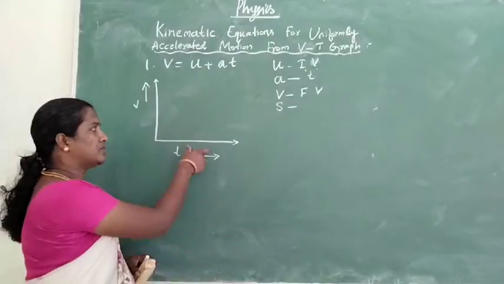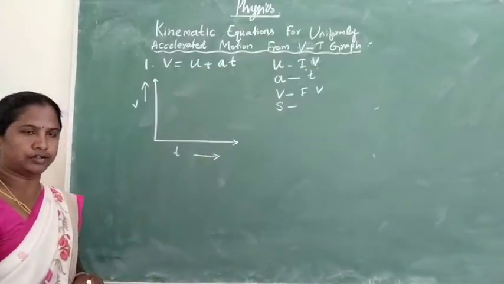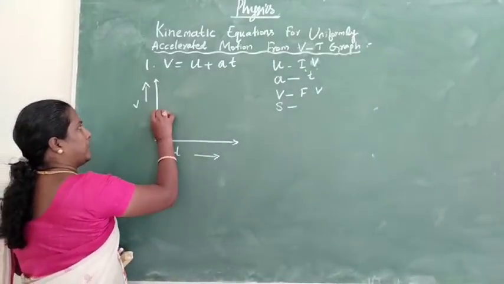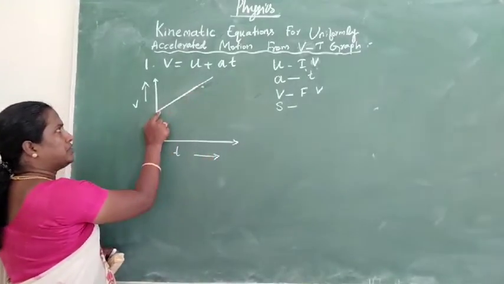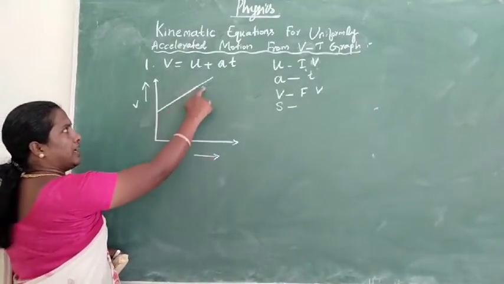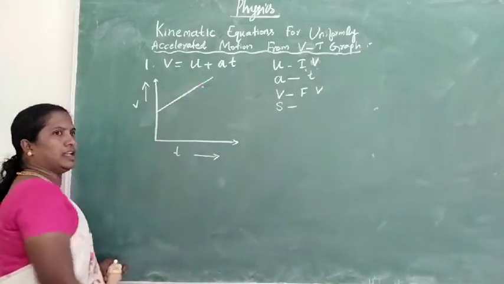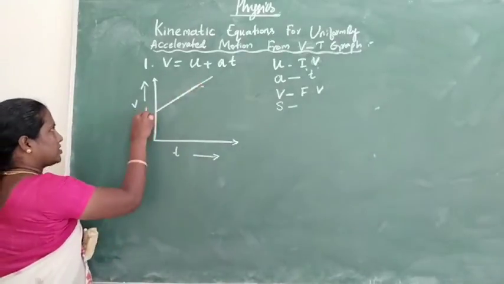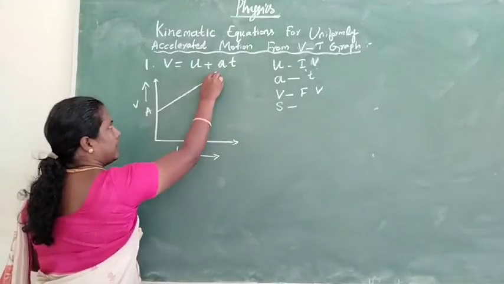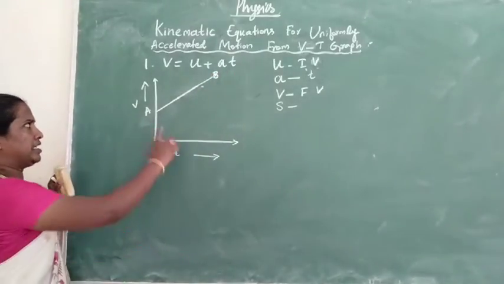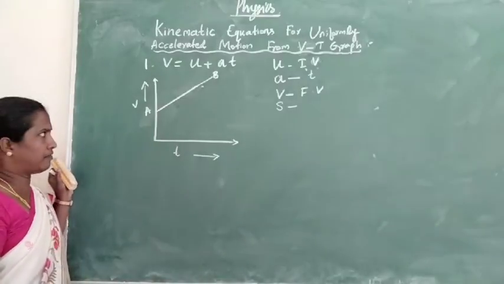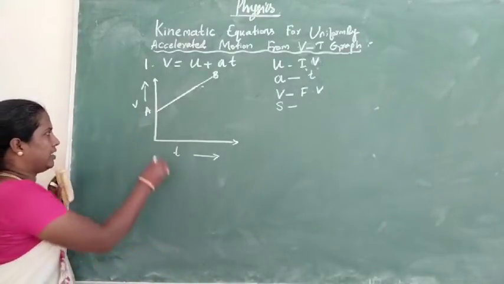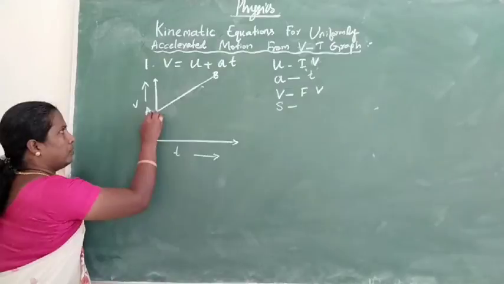For an object moving with the initial velocity U, the graph can be plotted like this. AB represents the velocity time graph. Let us take the origin O, then OAB.